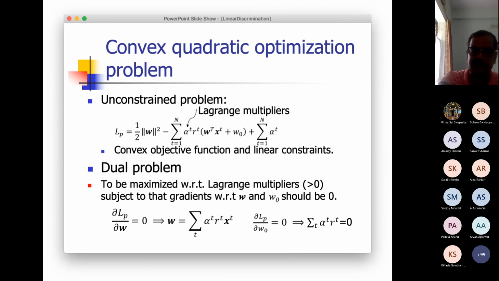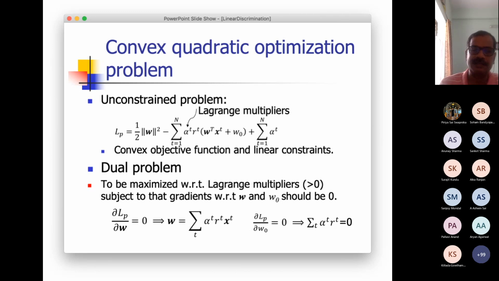Similarly, I can also get W naught from these equations. Of course, W naught gives me these particular relationships, how alphas are related among themselves. So alphas are not independent. As you can see, there is one equation, so at least one less parameter in the alpha space. If there are n samples, there would be n alphas. So it shows that you can solve for n minus 1 alphas.